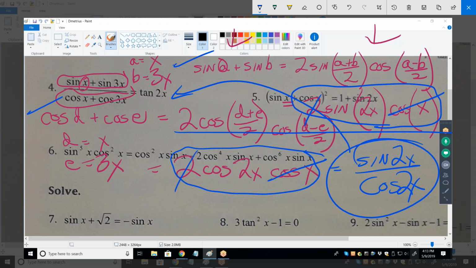And in fact, of 10 years of tutoring trig, first time I've ever had to do something like this. In other words, most trig students do not get into sum to product or product to sum. They just don't.